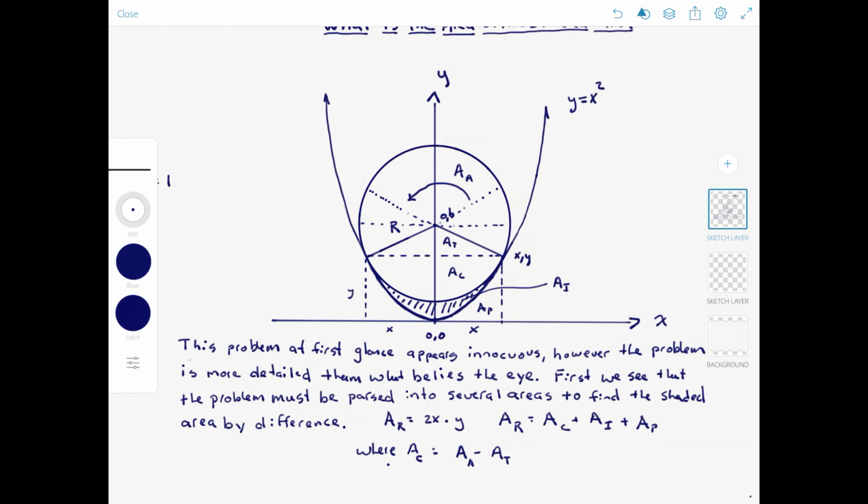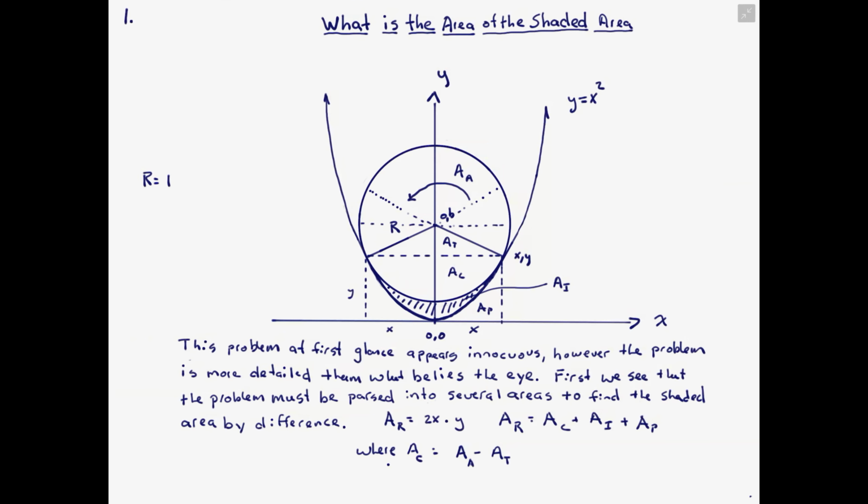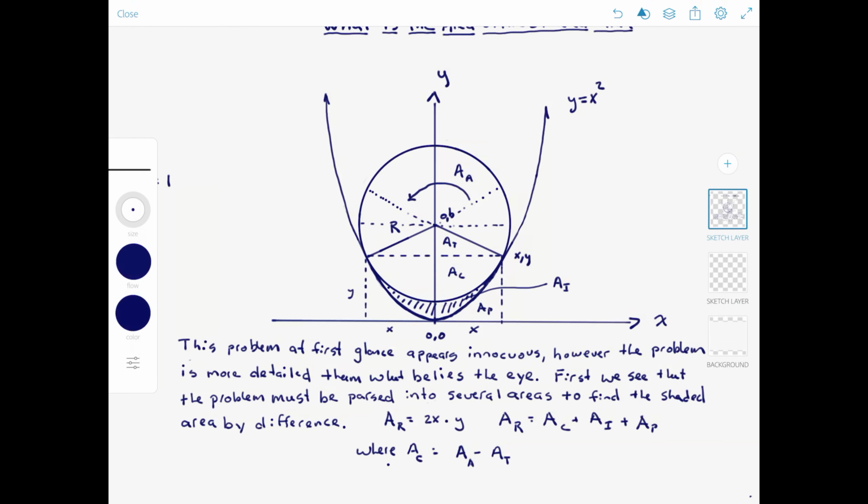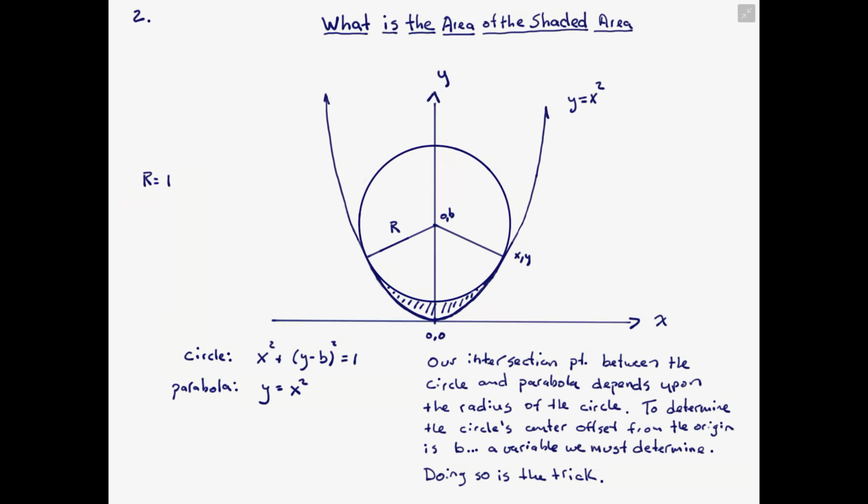You can see that the intersect doesn't bisect the circle perfectly. It forms a wedge, like a pie wedge, and we have to take a difference between the area of that wedge minus the area of that triangle.